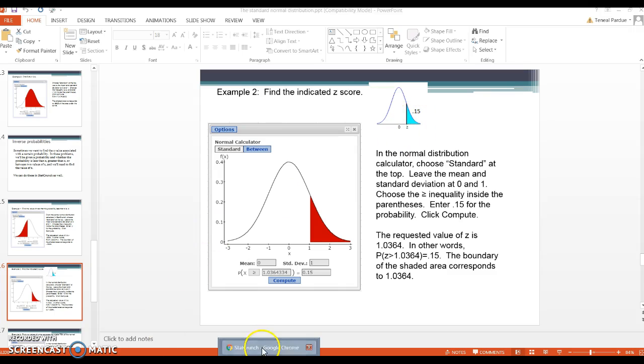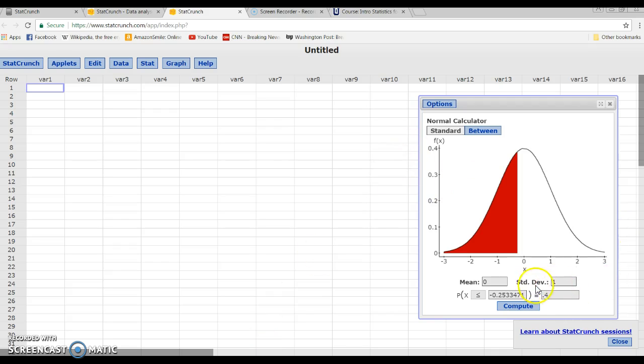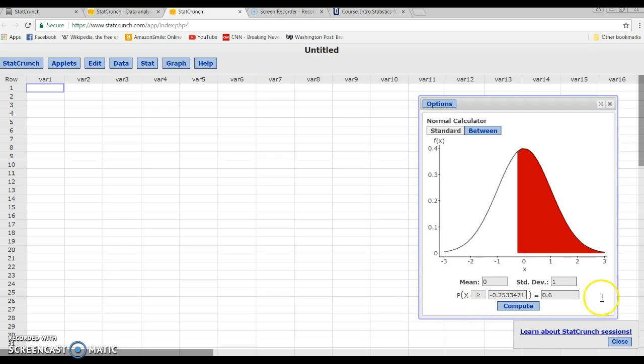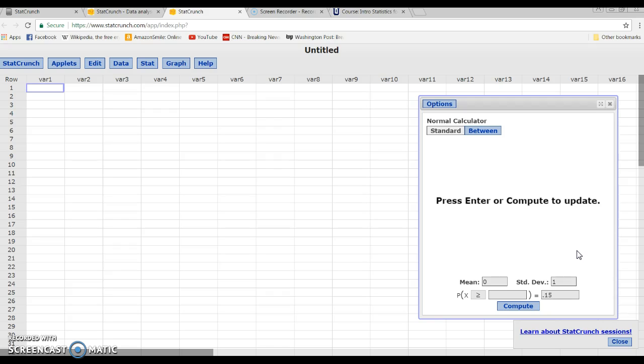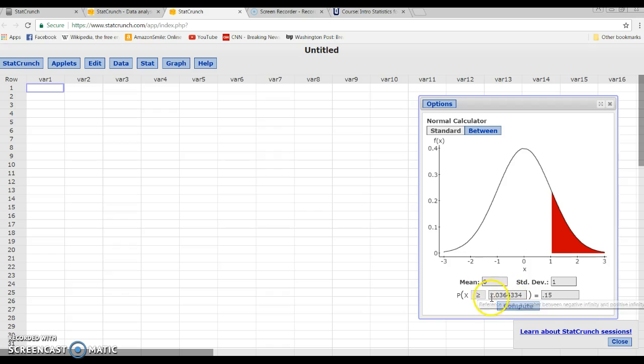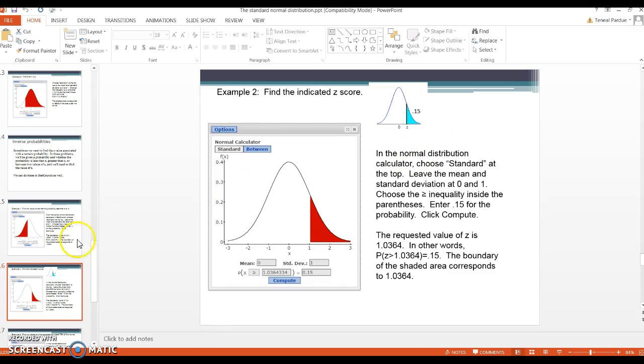Let's go back over here, and we'll change the less than to greater than, and we said 0.15, so we'll just change that there, and then hit compute. And it'll tell us what the answer is, 1.0364. And you can see that that's the right spot there. Okay, so 15% of the area is to the right of 1.0364. Okay, so that's our second answer.